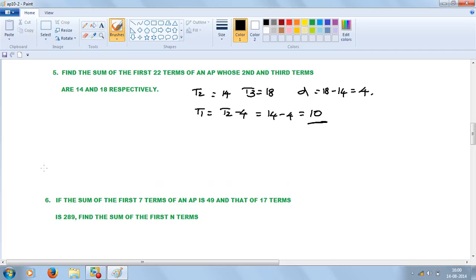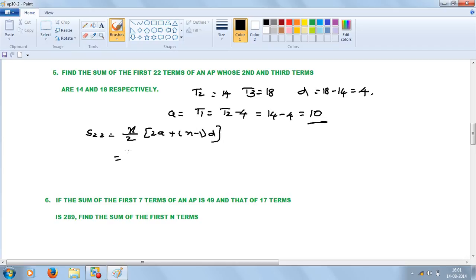Find the sum of the first 22 terms, he says. So S22 is equal to n by 2 multiplied by (2A plus (n minus 1) multiplied by D).